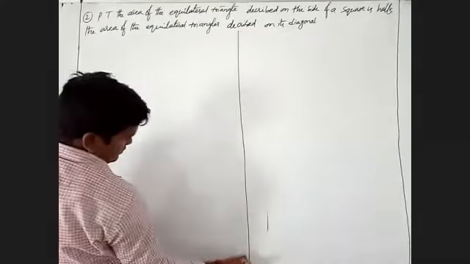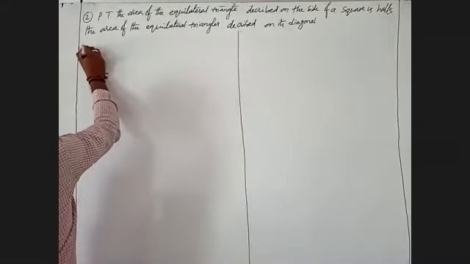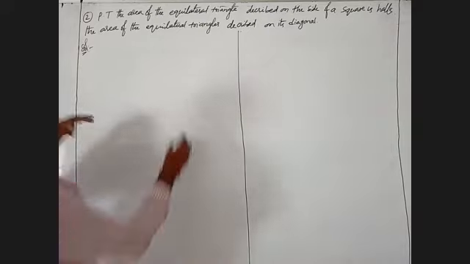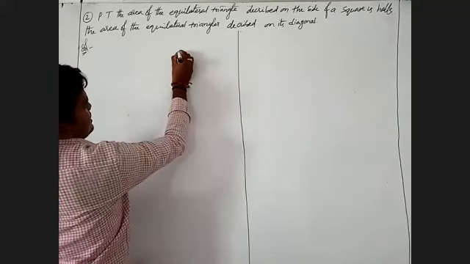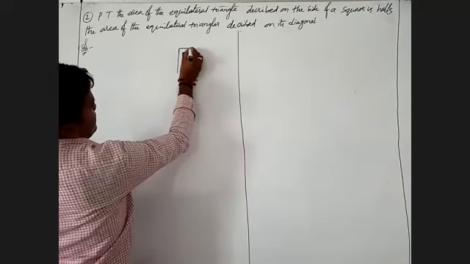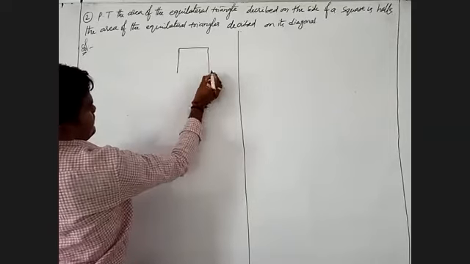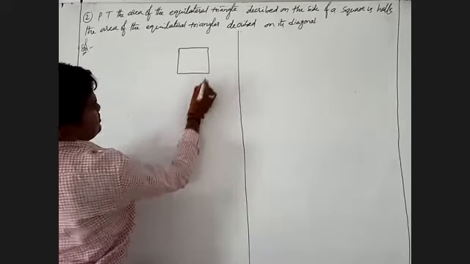So I am going to the solution of the given theorem. The area of the equilateral triangle described on the side of a square. First I will draw a square. This is the given square.